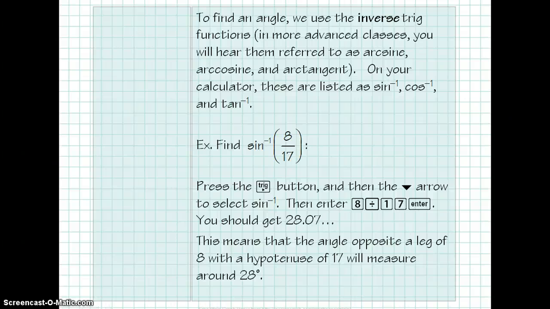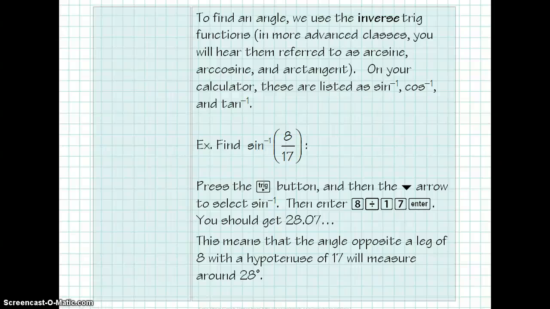Now then, that was when we knew either the angle already, or we knew two sides, all that sort of stuff. So now we're going to actually use what are called the inverse trig functions to find a missing angle. If we're given two sides, we can find the angle using trig. When you get into pre-cal and beyond, these are also called arc sine, arc cosine, arc tangent.